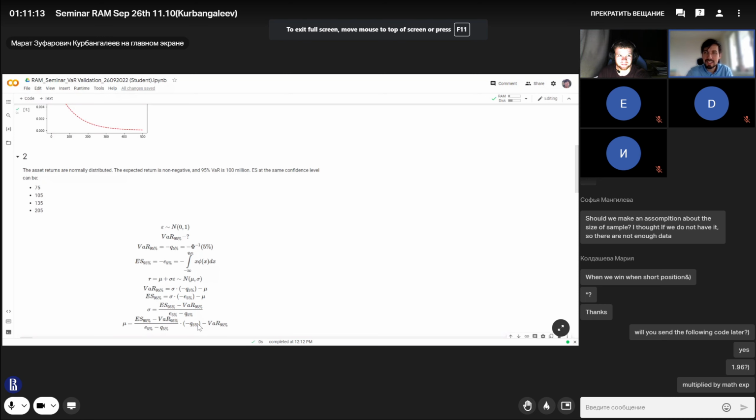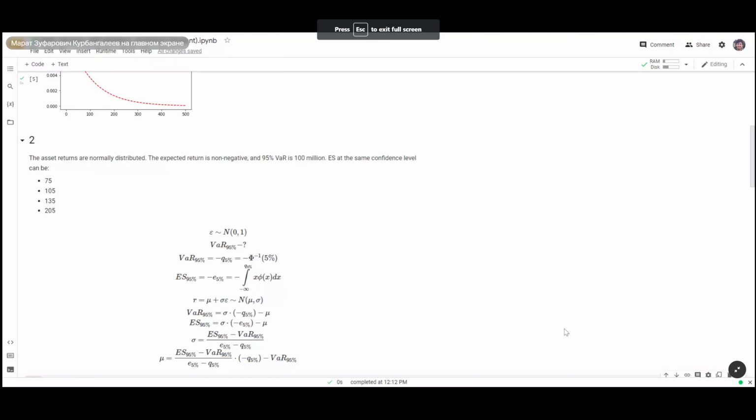Well, at least it's never less than VAR by definition, right? And that's the case that we can see right now. So we eliminate this option completely and never return to it. So all other options are more reliable, right? Because at least those values are greater than 100, that is VAR in our settings.